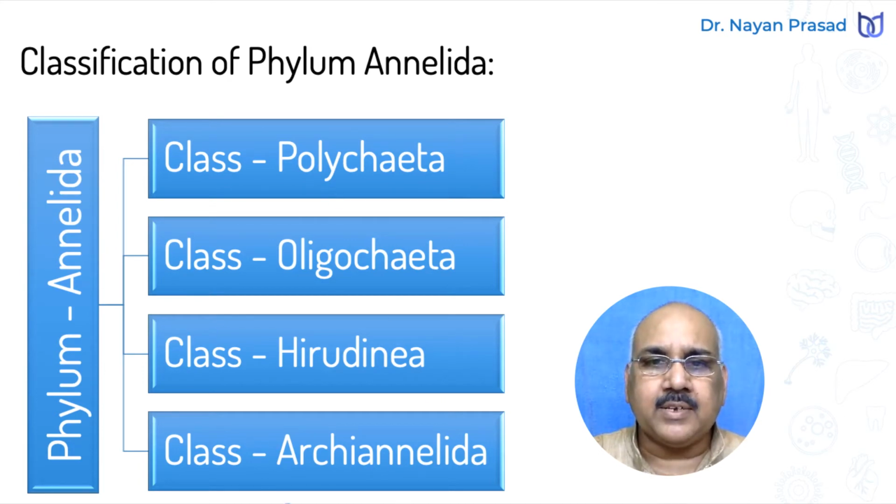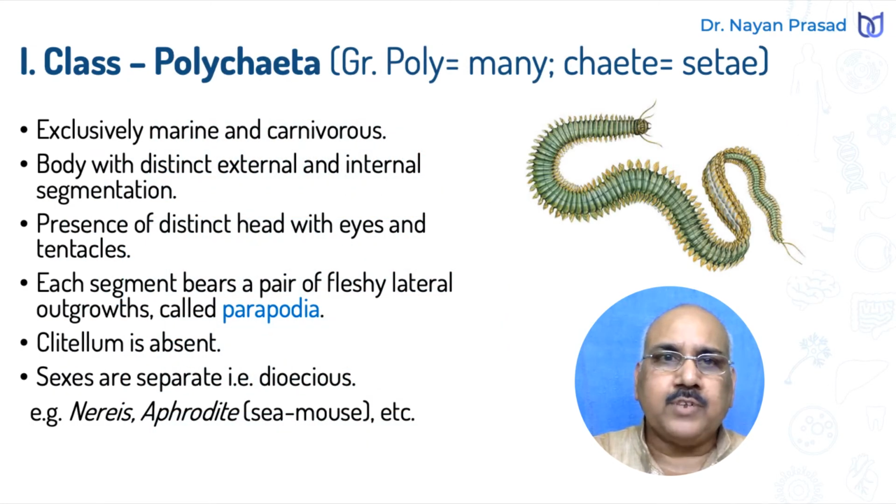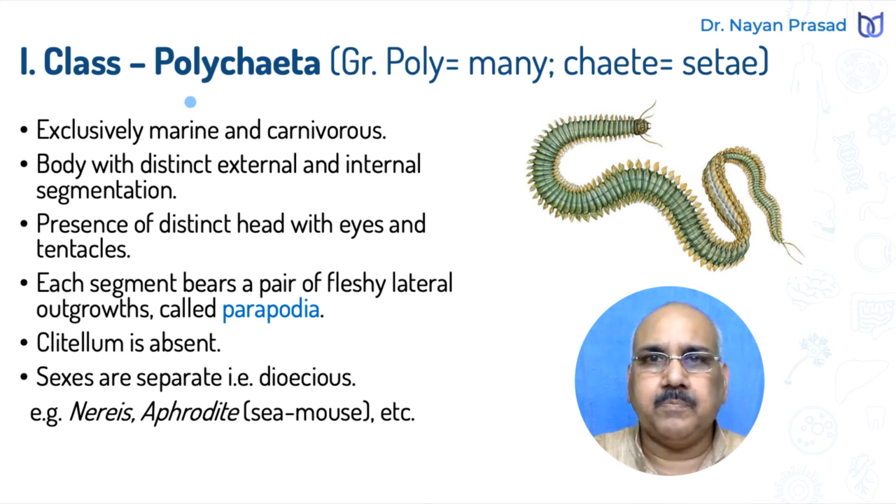Four main classes are there in phylum Annelida. They are class Polychaeta, class Oligochaeta, class Hirudinea, and class Archiannelida. Let us see the features of these different groups one by one in detail.